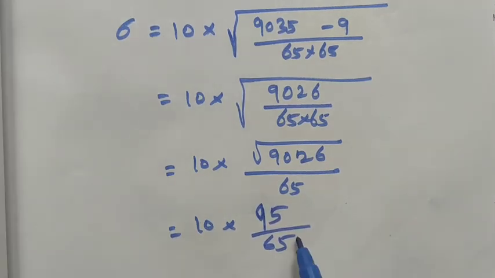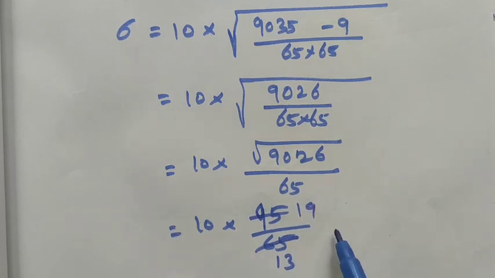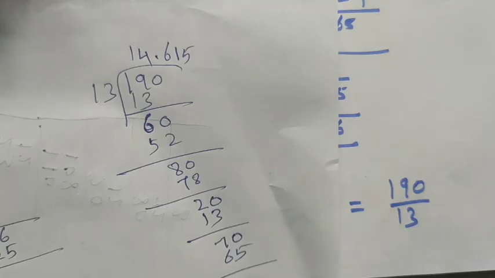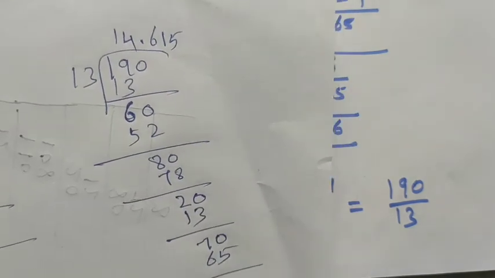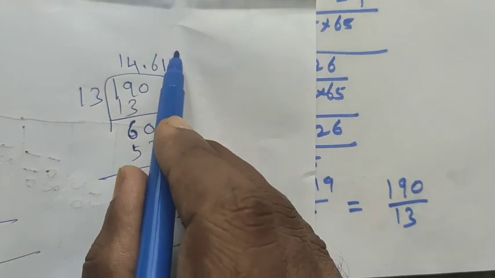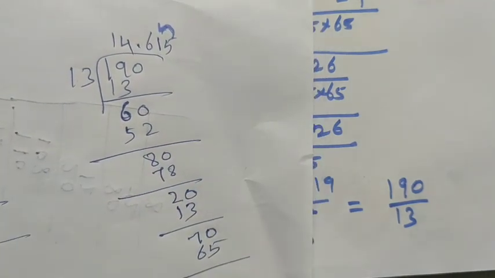Next we reduce this, 5 13s are 65, 5 19s are 95. So we get the value as 10 into 19, which is 190, divided by 13. When we divide 190 by 13, we get 14.615. 14.615 can be rounded to 14.62.